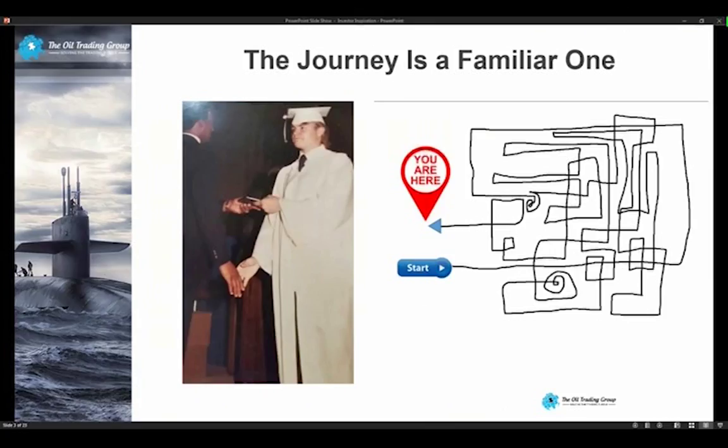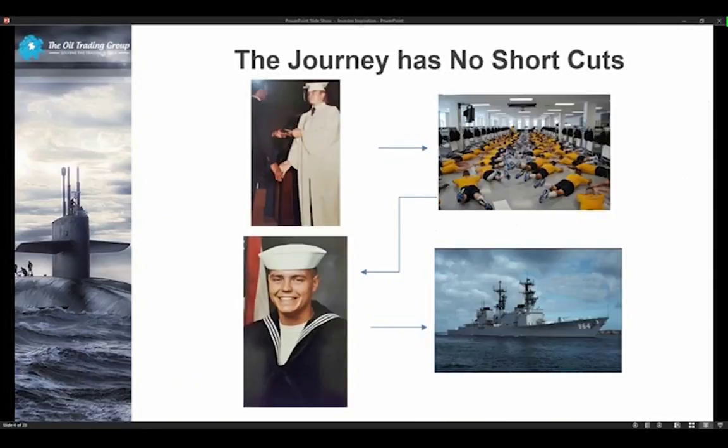All right, so the journey here for all of us is a familiar one. That's me graduating back in 1987. That was the starting point, and we all go through this kind of maze of process of careers and choices and things that we do that have all brought you here to where we're talking today. This journey has no shortcuts, like it was when I went into the military.